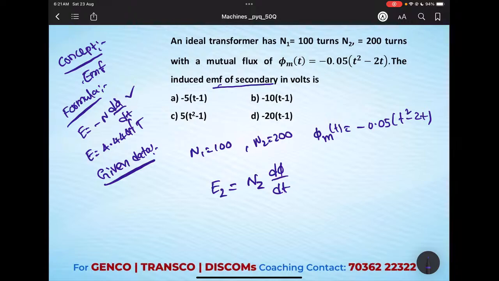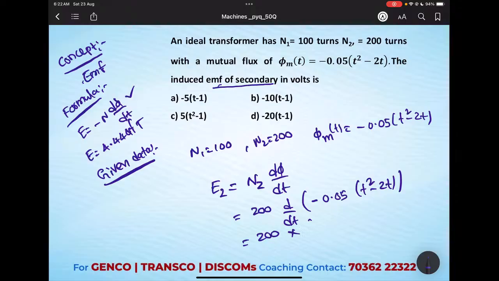So what is the number of turns on the secondary side? 200, times d by dt of phi, which is given as minus 0.05 t square minus 2t. By doing the differentiation, what will we get?